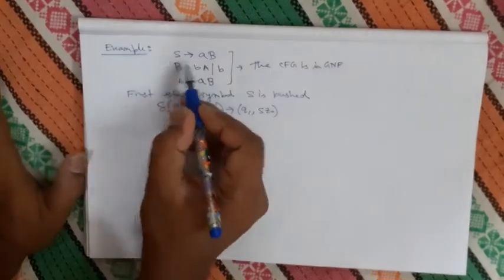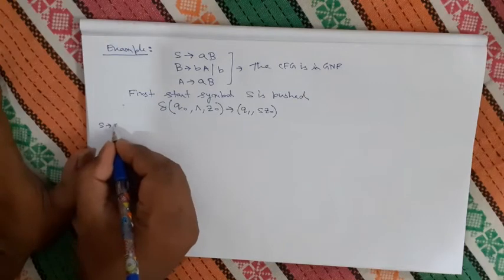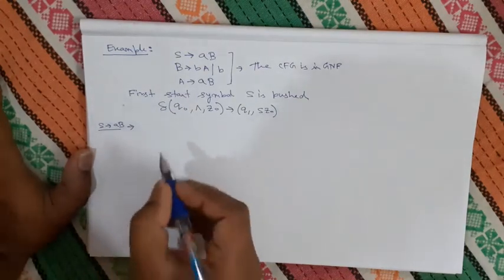Now come to the transition functions one by one. First production given is S tends to AB. For that, what will we write?